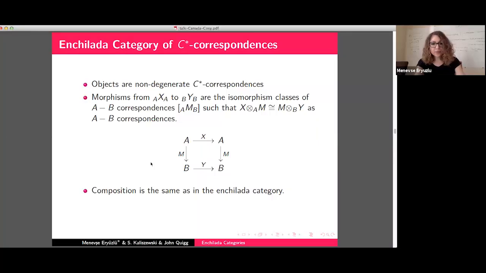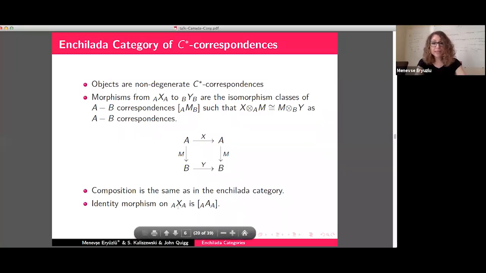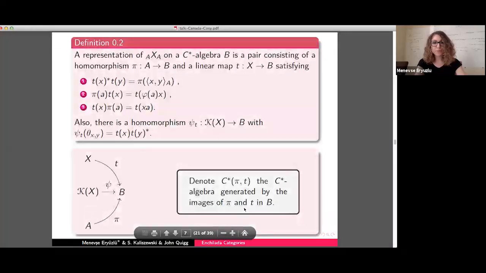Composition is exactly the same as in the Enchilada category. The identity morphism on X is just this. Now, given a C-star correspondence X, what is the Cuntz-Pimsner algebra of X?